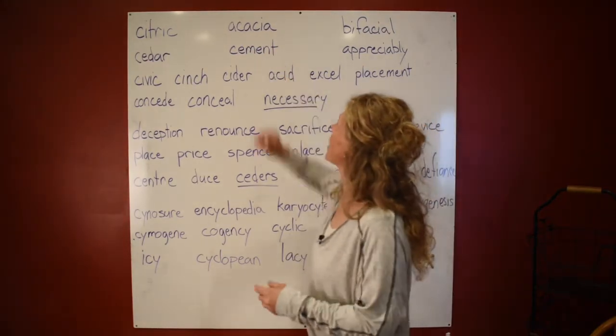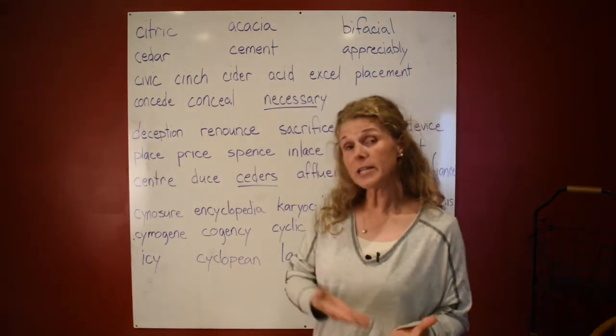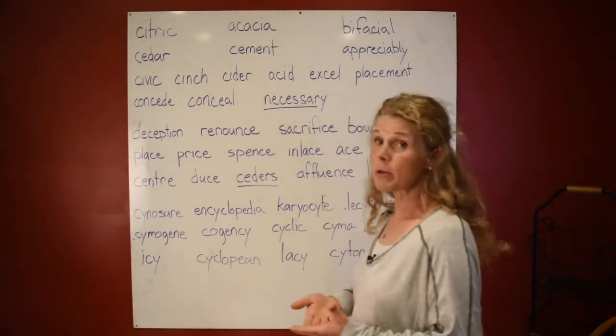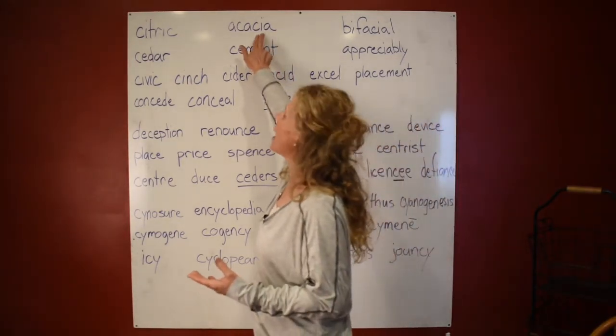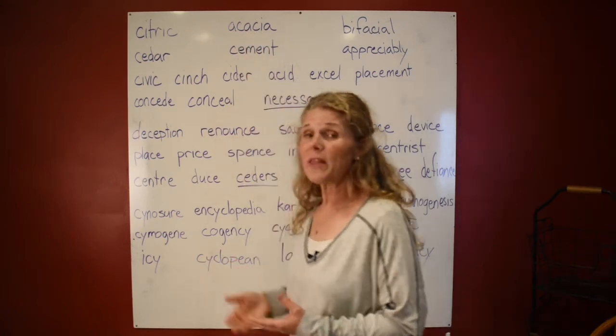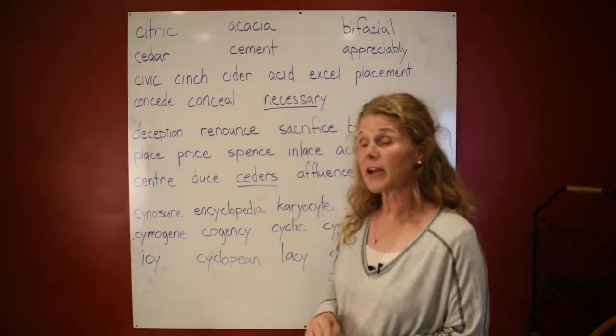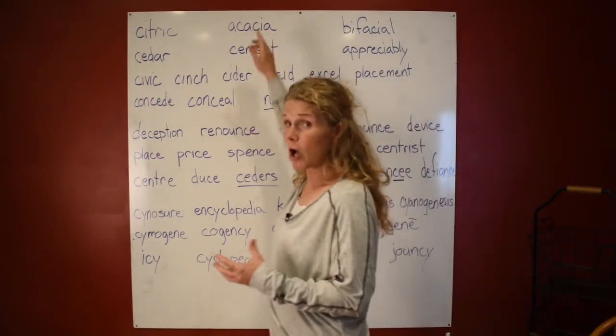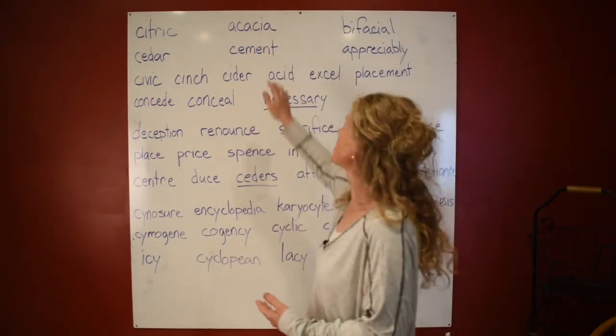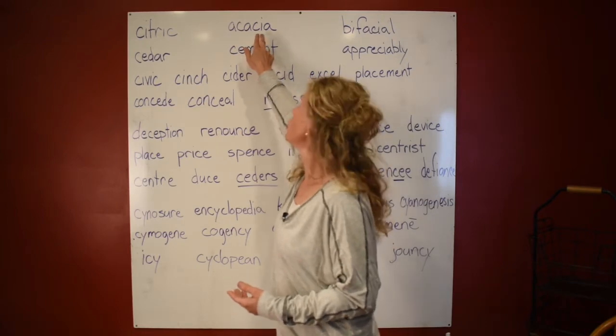Now, acacia. We learned in another lesson, just a couple lessons ago, about CIs and when they are digraphs. In this word, this is a digraph because it's followed by a vowel. Not always will that happen, but when you have a CI, you need to look for that.